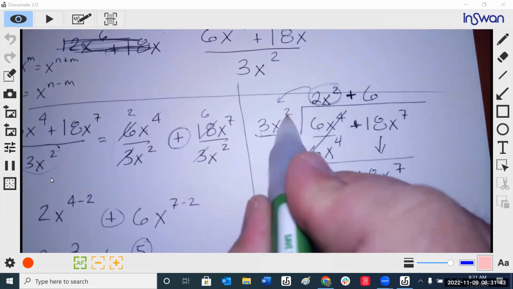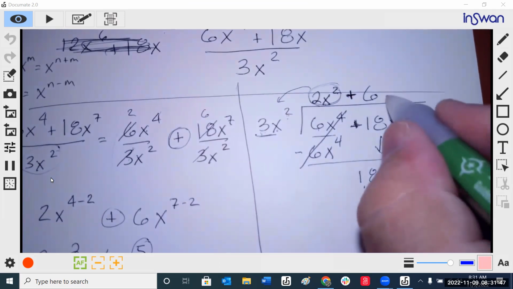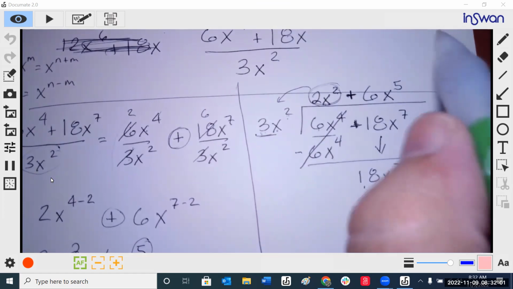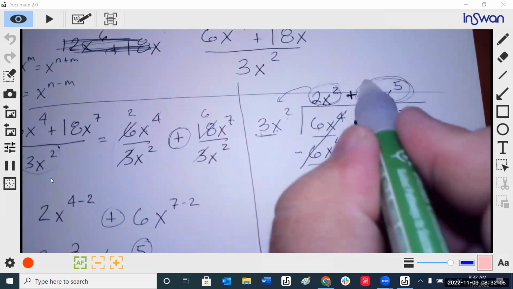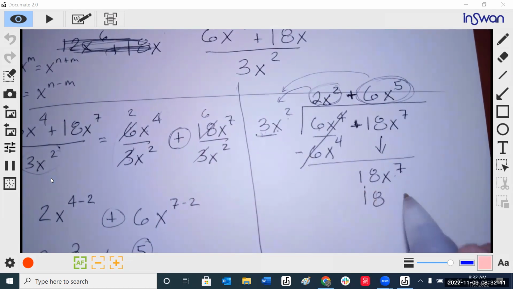I have 2 x's here. I need to have 7. How many more do I need? And so I multiply x to the 5th. So now we take this number here, positive 6x to the 5th, and multiply it to the 3x squared. 6 times 3 is 18.